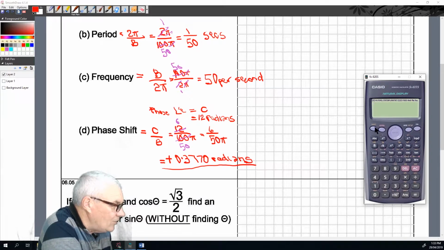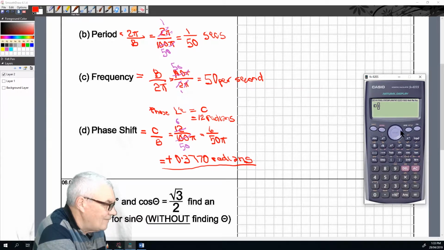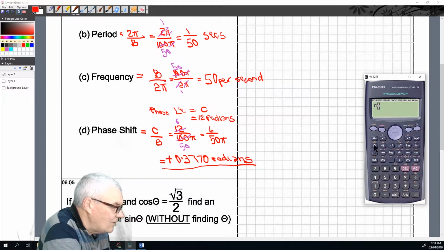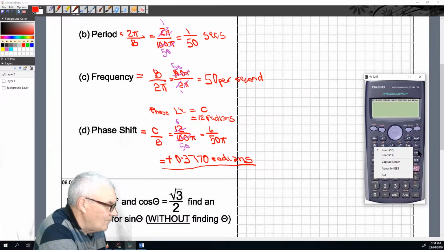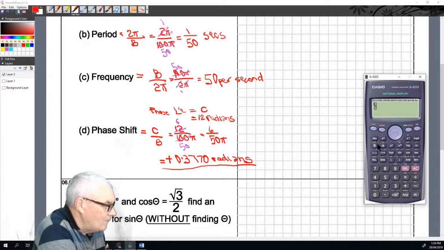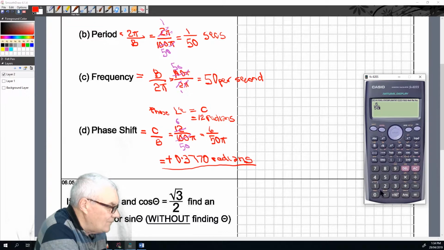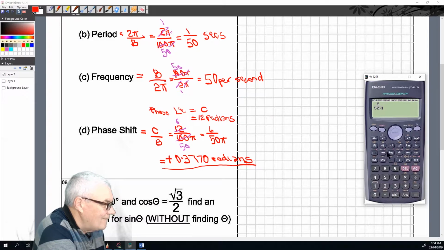I'll just do that another way. All clear. Six divided by 50 times pi.